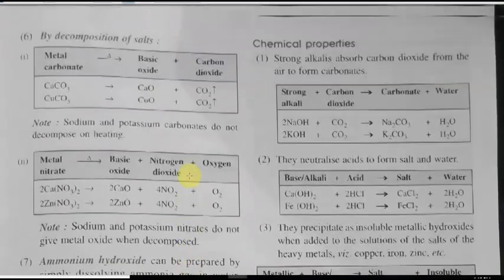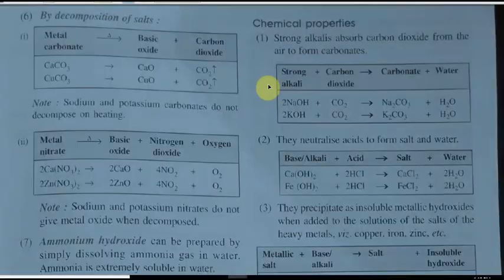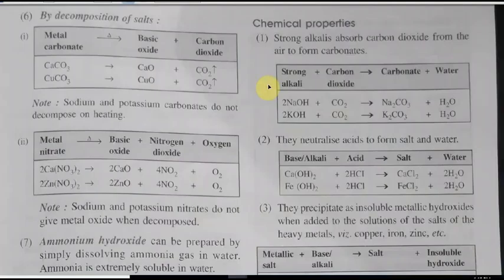Going to next property, which is called chemical property. A strong alkali absorbs carbon dioxide from air to produce carbonates. Now you can see this is absorbing this to produce carbonate.